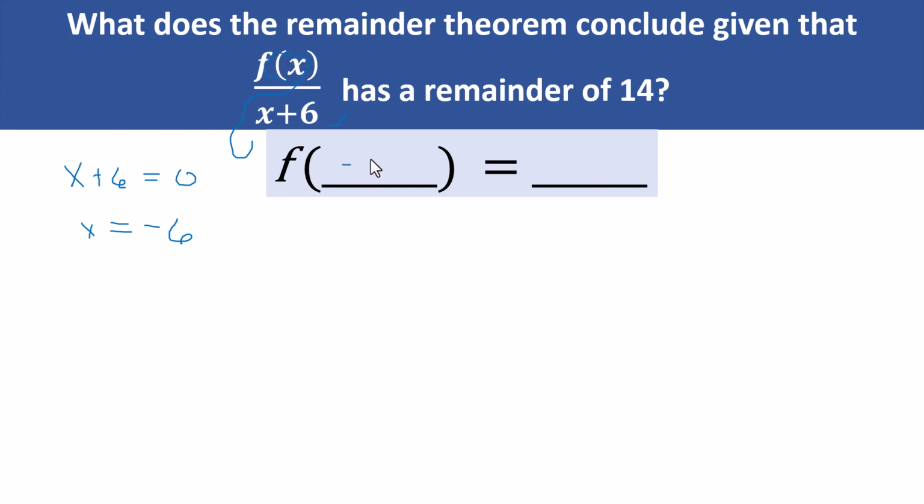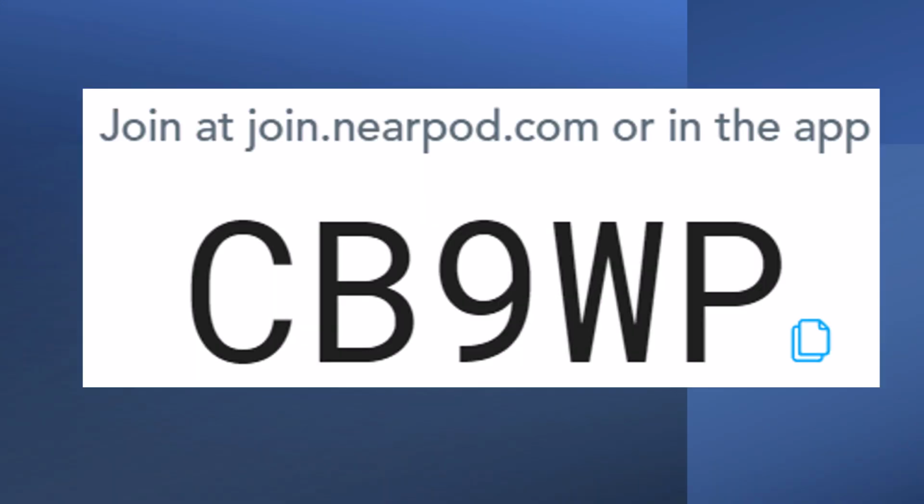So f of -6, if we plug that in and we come up with 14, that's our remainder, meaning x plus 6 is not a factor or not a solution, because we would have a remainder. I hope that's coming together, making some sense for you.